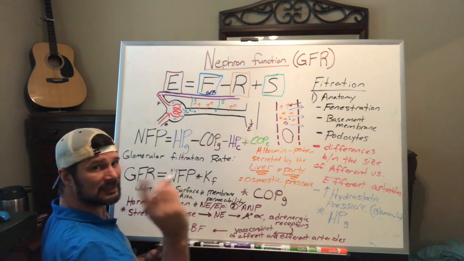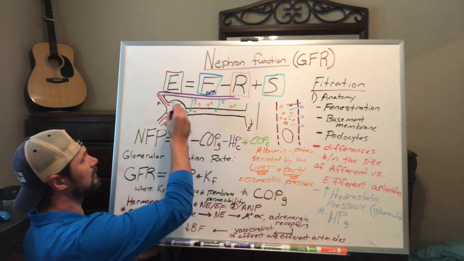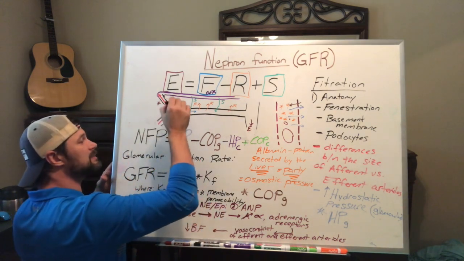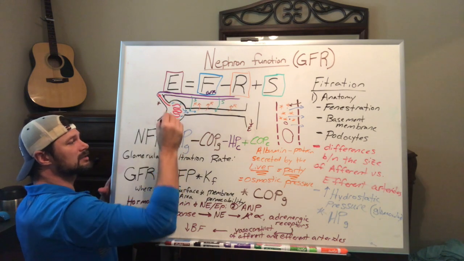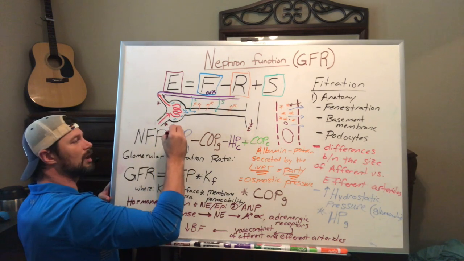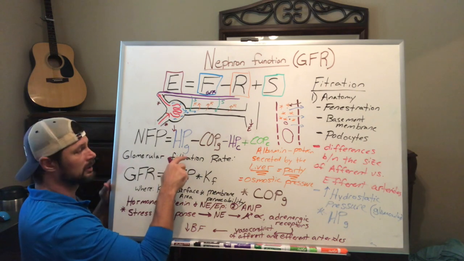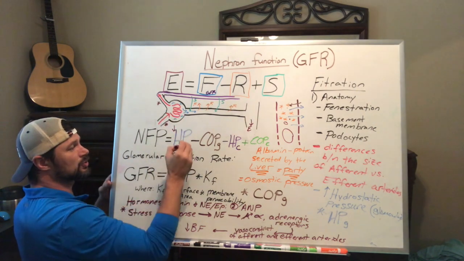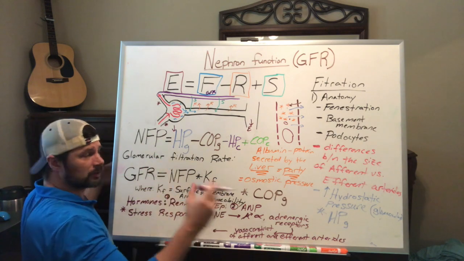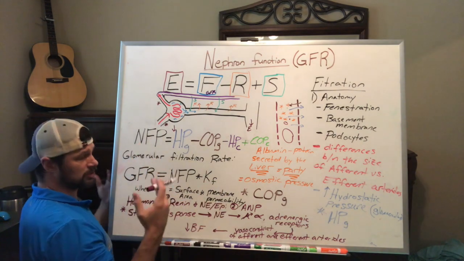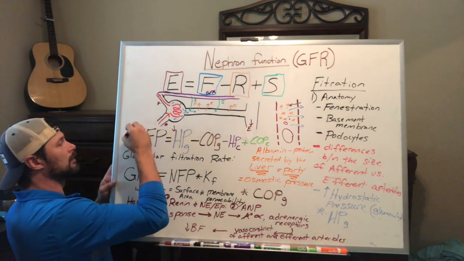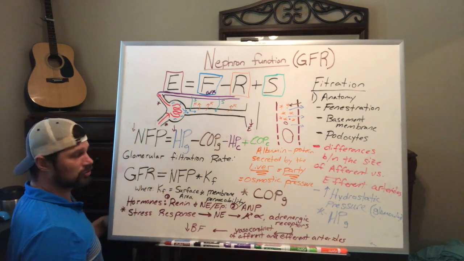And the second we decrease blood flow into the glomerulus, now there's less blood inside of this glomerulus, and that's going to start dropping the hydrostatic pressure inside of that glomerulus. And as the hydrostatic pressure drops, the pushing force that drives net filtration pressure is decreasing. So our NFP starts to drop.